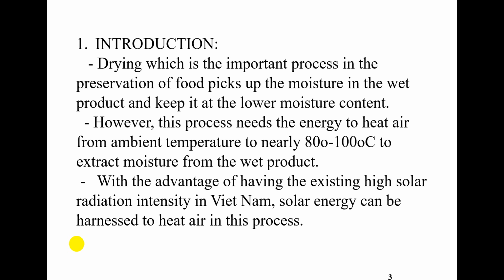However, this process needs energy to heat air from ambient temperature to nearly 80 to 100 degrees centigrade to extract moisture from the wet product. With the advantage of the existing high solar radiation in Vietnam, solar energy can be harnessed to heat the air in this process.